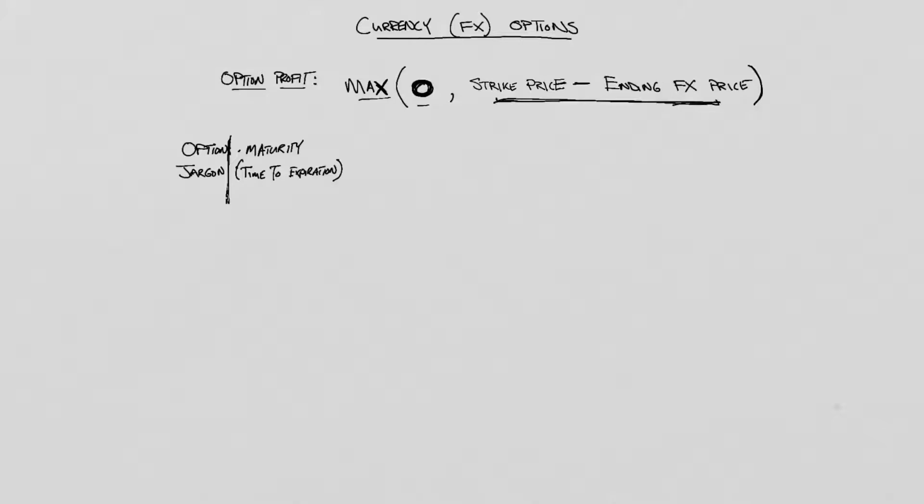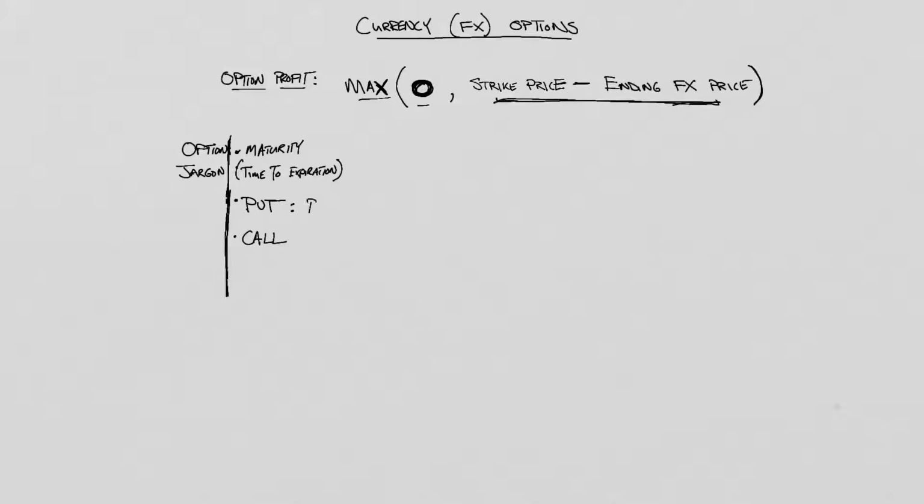Now, before we go any further, we need to add some jargon to this list of option jargon. And that's the two types of options that are out there: a put and a call. So this is actually the option profit for a put.